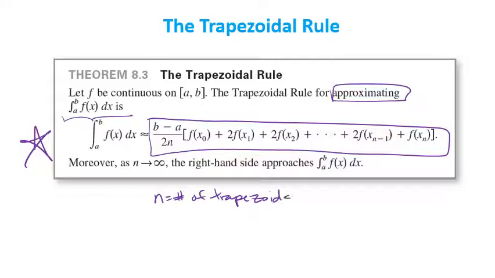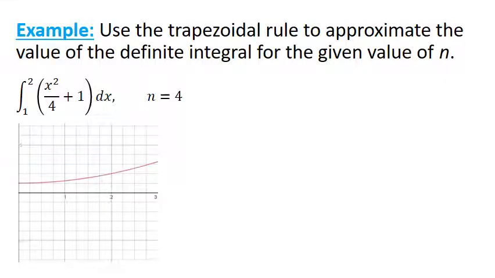And I will just jump into an example. In this example, we want to use the trapezoidal rule to approximate the value of the definite integral for the given value of n. In this case, I've provided a graph for you, and it's helpful to just focus on the interval in which we're interested, which is from 1 to 2.